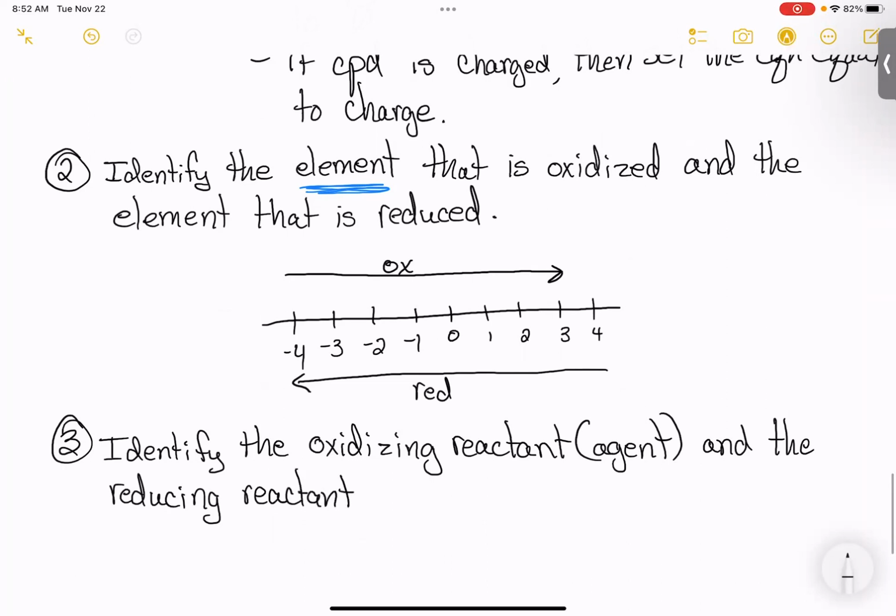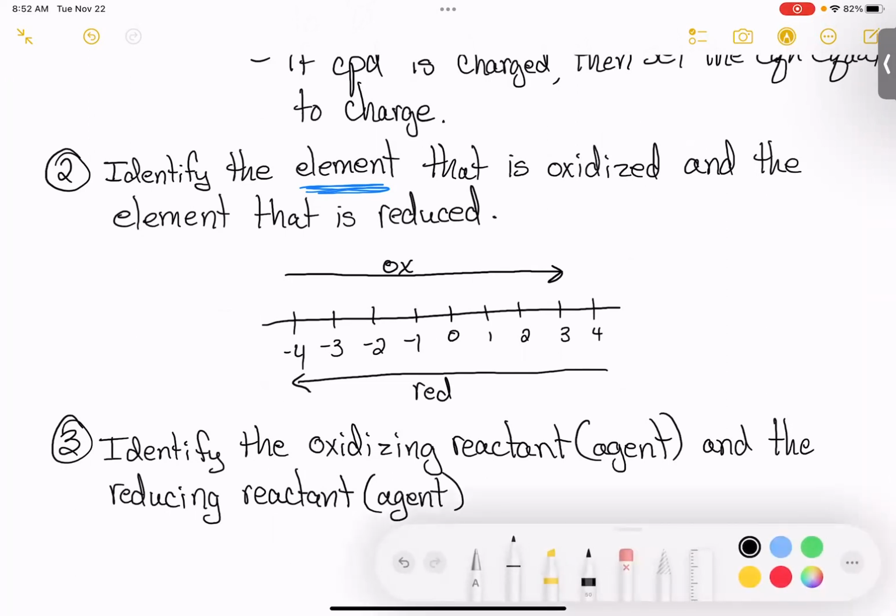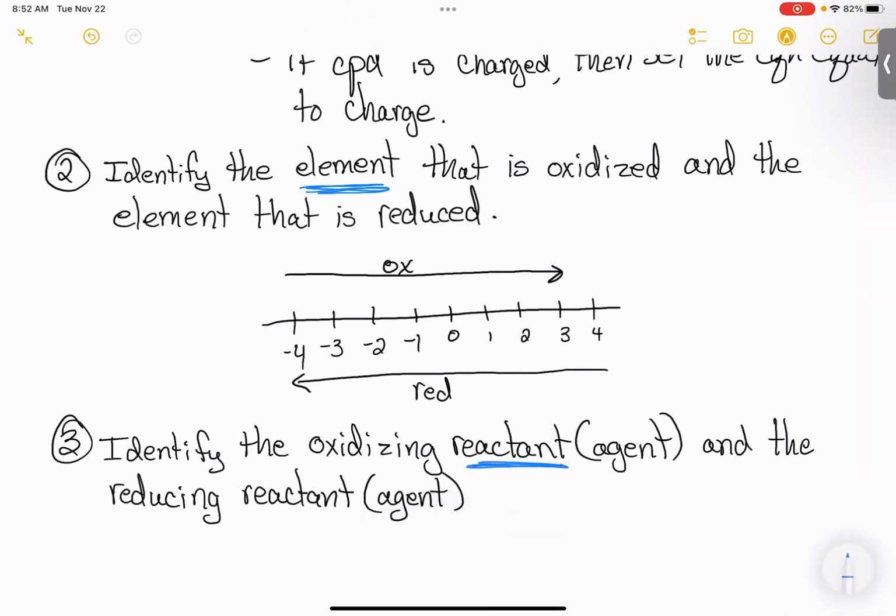Again, you may see it written as agent. I prefer using the term reactant because it tells you something. Just like element tells me I'm looking for an element symbol, reactant tells me I'm looking for one of the reactants. I don't care about the product side. I care about the reactant side.